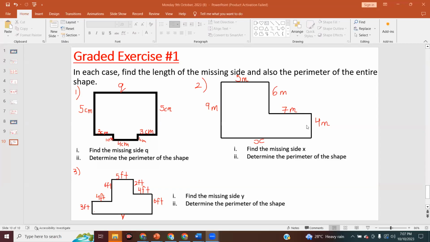Samaya, what number are you on? Where's Samaya King? I can't hear you, Samaya. You have to type inside the chat because I cannot hear you.